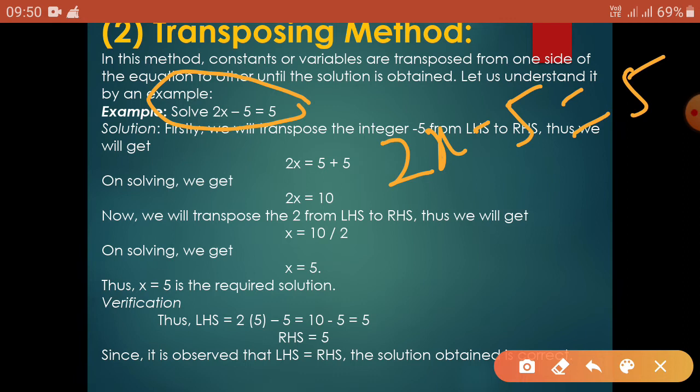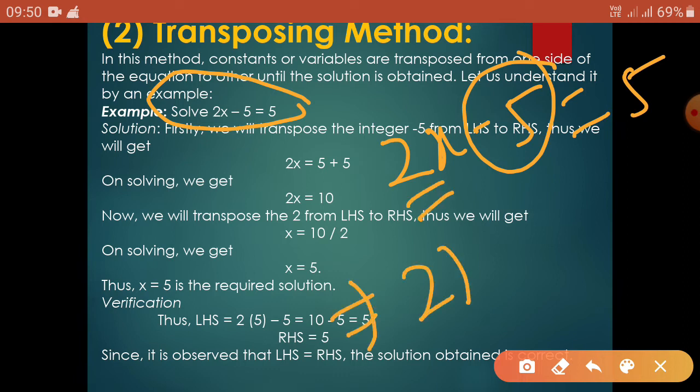So in this equation our aim is to find the value of x. So at first we have to look at x, and we have to transpose this value first to get 2x. So now we are getting 2x equal to 5, and transposing this value on the right hand side.